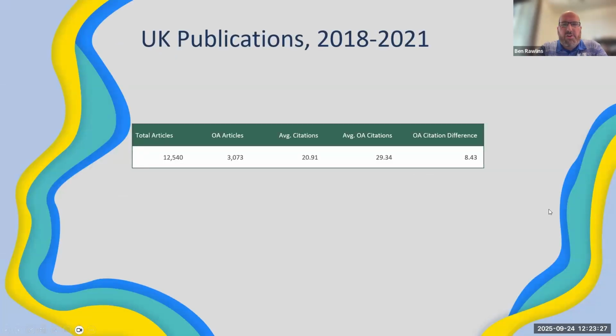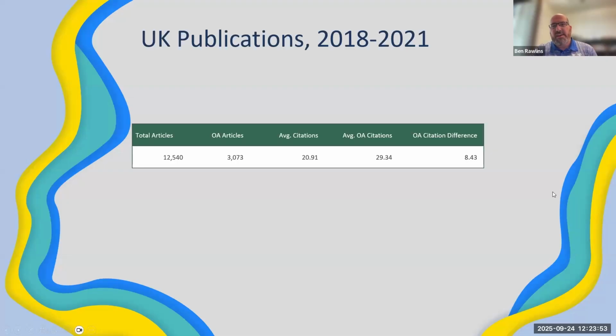So looking at the overall data between 2018 and 2021, authors at UK published a total of 12,540 journal articles, according to Scopus data. Of those, a little over 3,000, or about 24%, were published OA. When we look at the citation data overall, there is a pretty clear difference between average citations and OA citations.